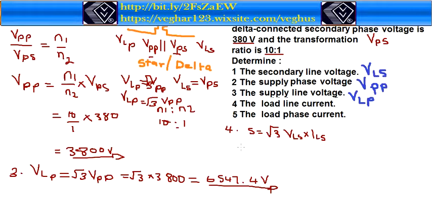The power is given, this represents the power, the voltage and the current, making ILS, line secondary, the subject of the formula.